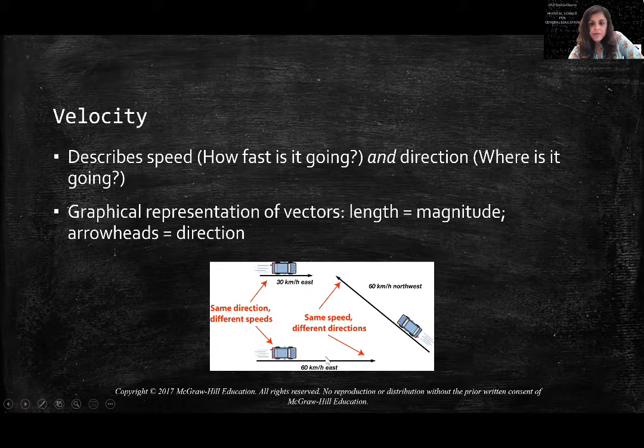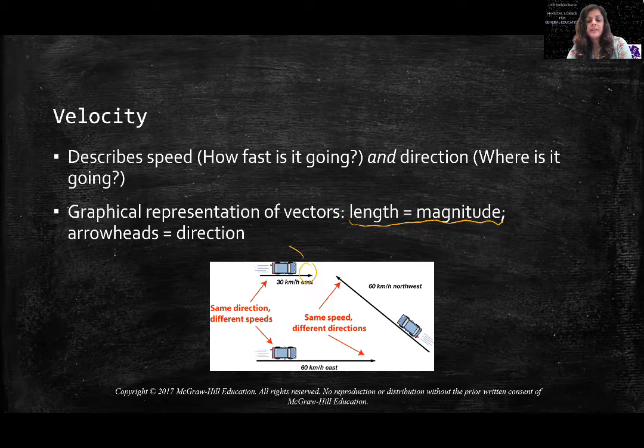And then we have another car that's moving at 60 kilometers per hour due east. And this arrow representing the velocity vector is twice as long. So the length of the arrow represents the magnitude, 60 kilometers per hour, and the arrowhead points to the direction it's heading.